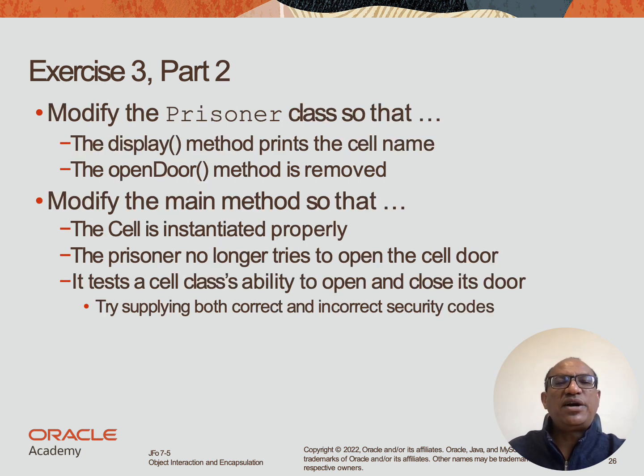In exercise 3, part 2, in the prisoner class, remove the open door method. Modify display to include the cell name using a getter. In the main method, instantiate cell and prisoner. Call the cell's secure setter with both correct and incorrect codes. Try it out. It is surprisingly satisfying when it works.